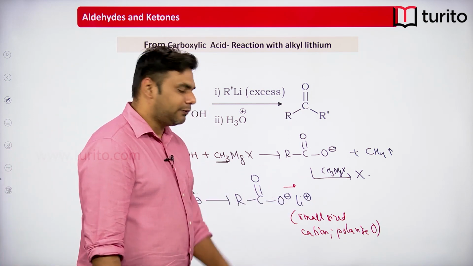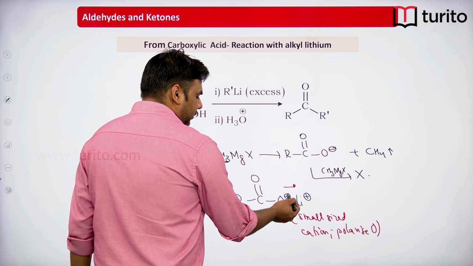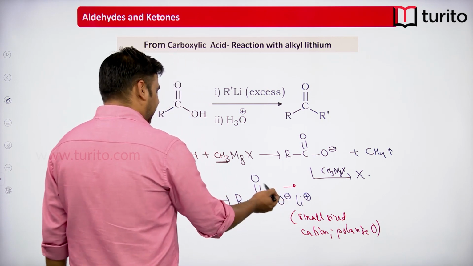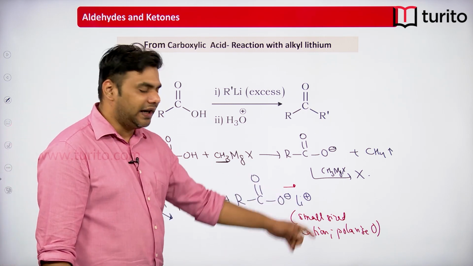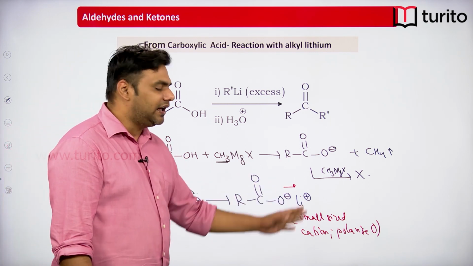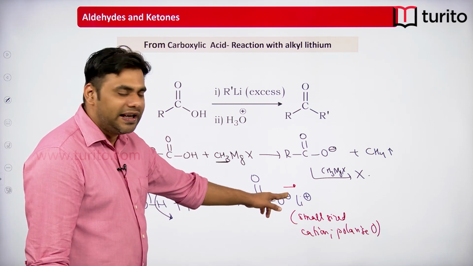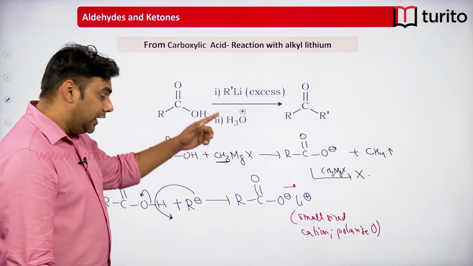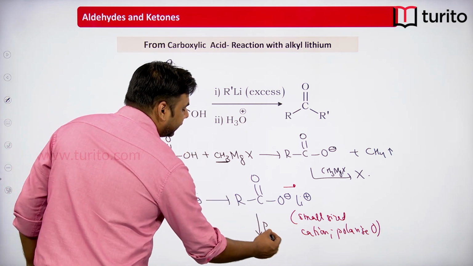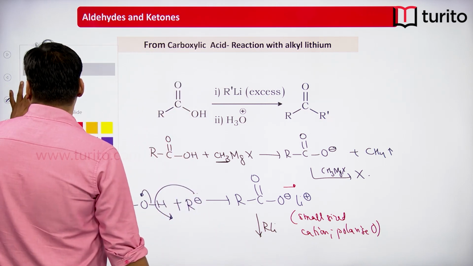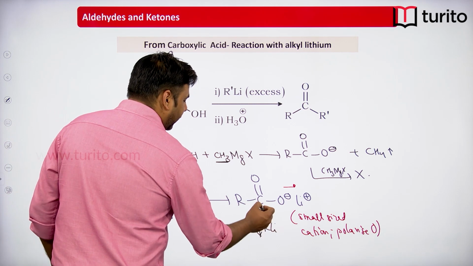Due to this strong attraction, this O negative won't be able to enter into resonance with the C double bond O. Because the negative charge is polarized by the lithium plus ion, it will not be easily available to enter into resonance, due to which another molecule of RLi can attack this particular carboxylate ion.